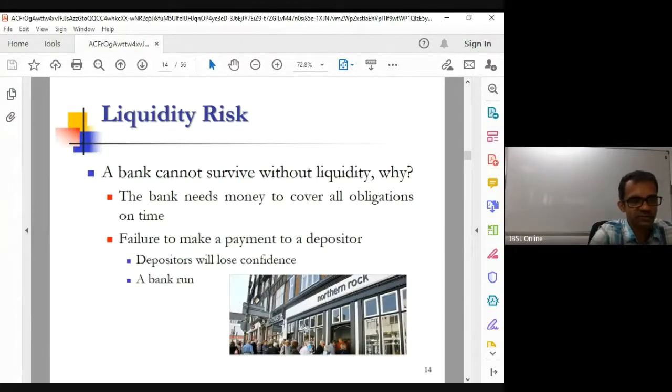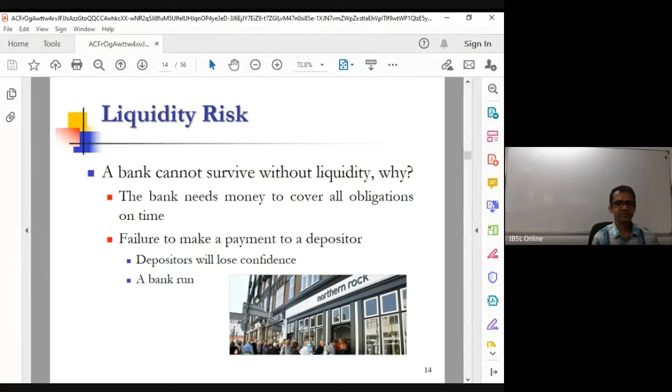So what would happen if a bank fails to meet liquidity? That is the end of the business. The bank needs money to cover all obligations on time. Whenever a customer comes and asks for money, if the bank says, sorry, we don't have cash today, come tomorrow, we'll give you, what would happen?